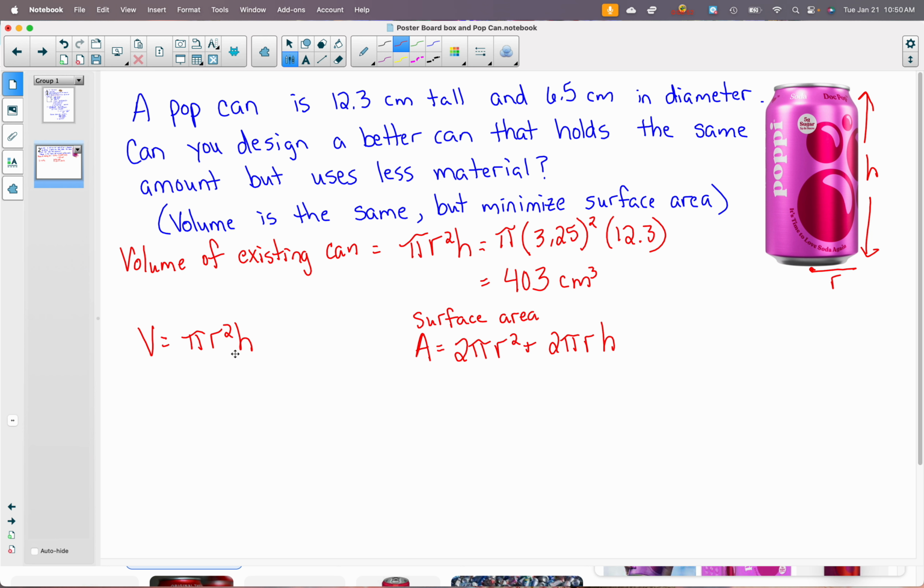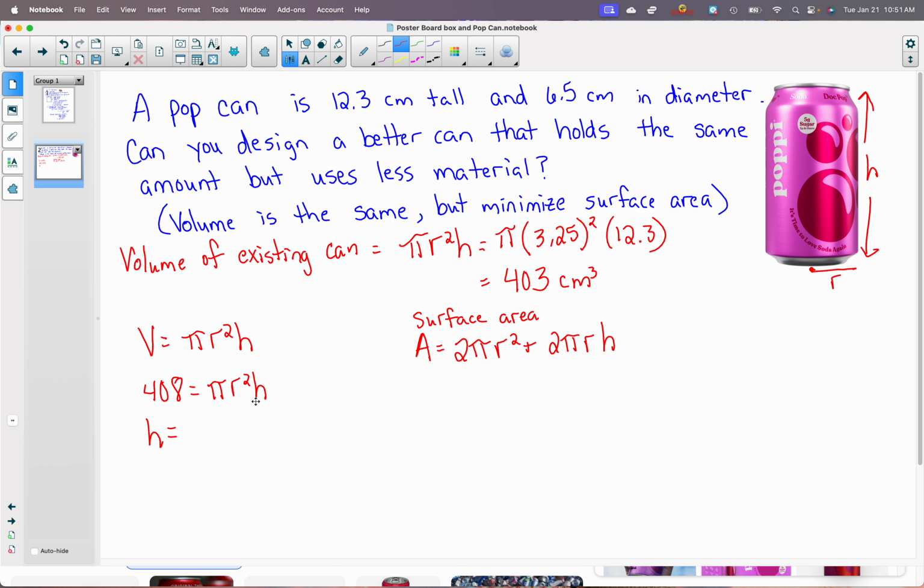So the volume is not going to change. So I'm actually going to do a little work here and plug in. I'm going to actually solve. I'll plug in a 408 for the volume. And I'm going to make a substitution here. I'm going to solve for h.